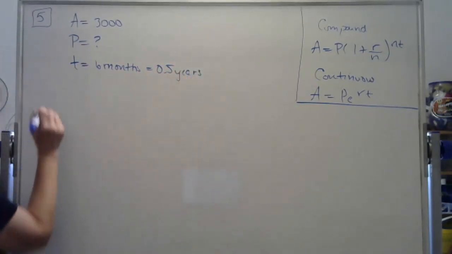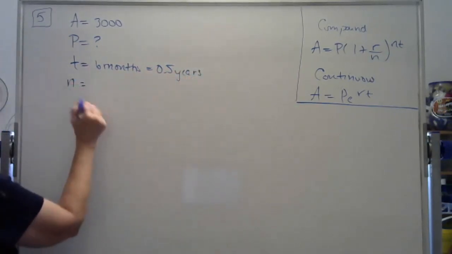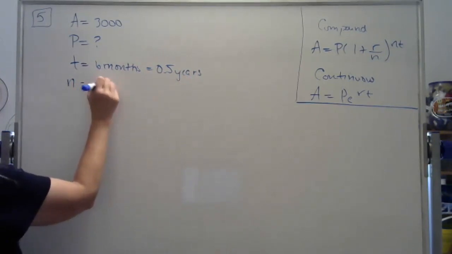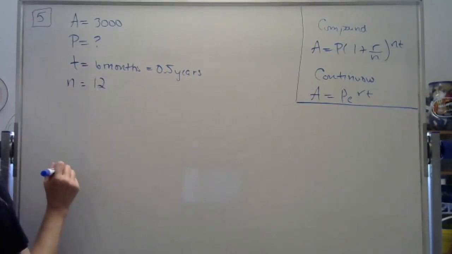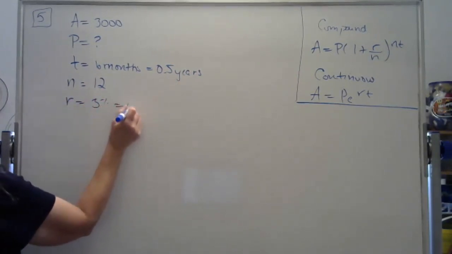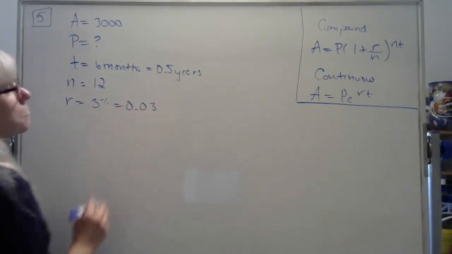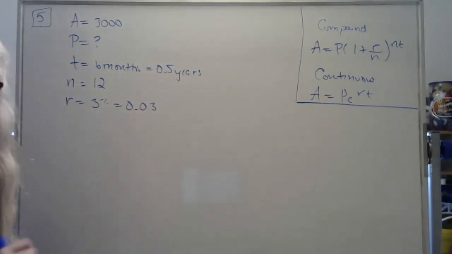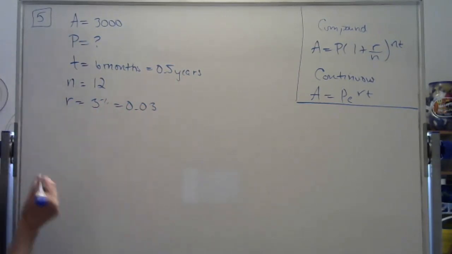What else do we have? Compounded monthly. Because I see the word compounded monthly, I know I need an N. Monthly means 12, and the interest rate is 3%. Question? We're all good? Okay, so there's all the information we have.